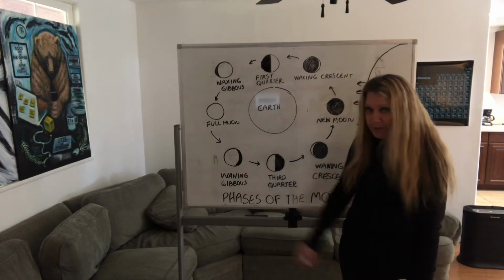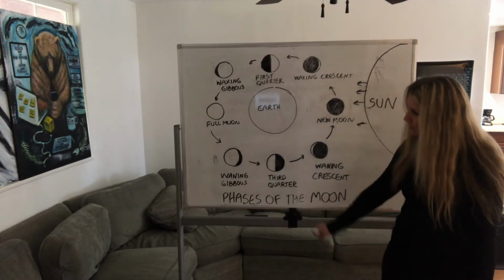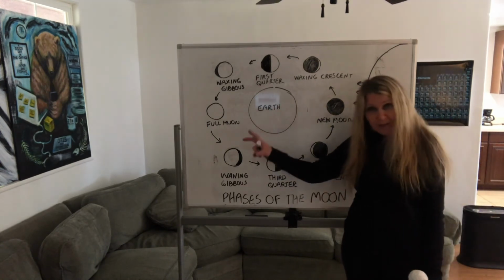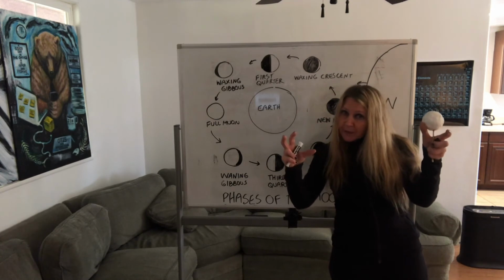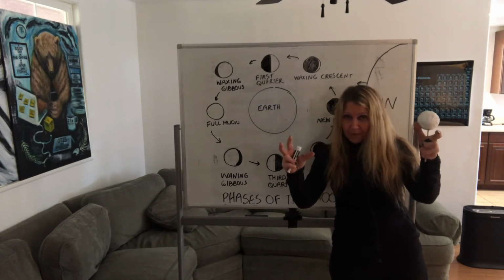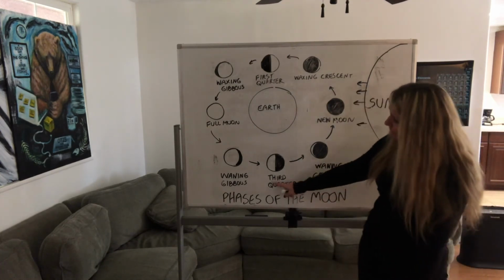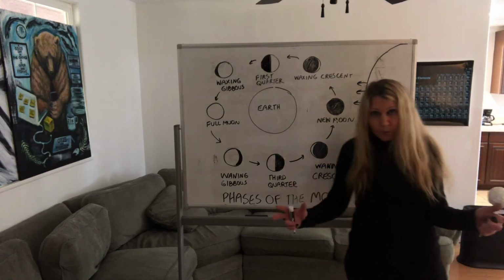So waning gibbous is when just the very right edge of the moon is in shadow. And remember, gibbous phases are when the moon is mostly illuminated, more than half, but less than full. Next phase is the third quarter phase, sometimes called last quarter phase.